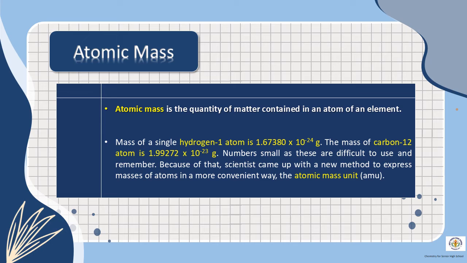Because of that, scientists came up with a new method to express masses of atoms in a more convenient way, and it is called the atomic mass unit, or amu.